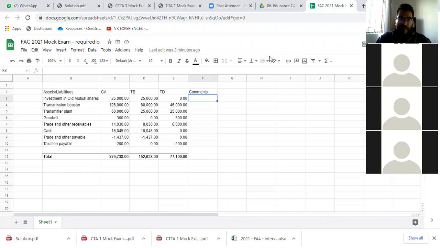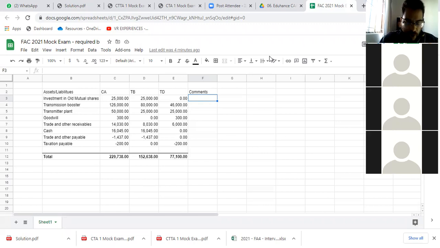But then the tax act says, no, your tax base is your cost price, which is 20,000. So then we would have a temporary difference of 5,000, and we multiply it by, if it is a capital asset, the capital gains tax rate. If you're using it for trading purposes, you use the normal tax rate. So that is how we would apply it.